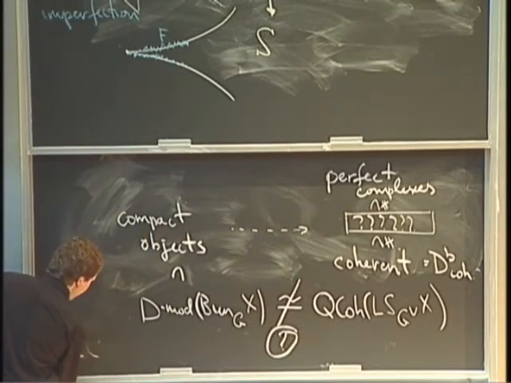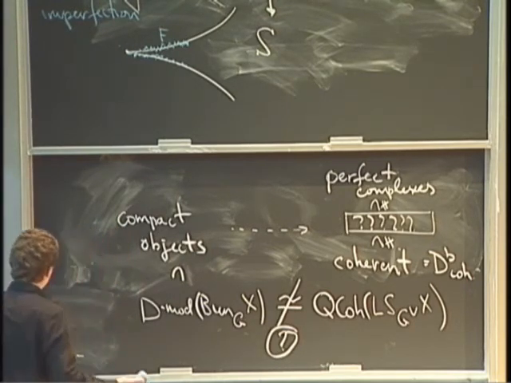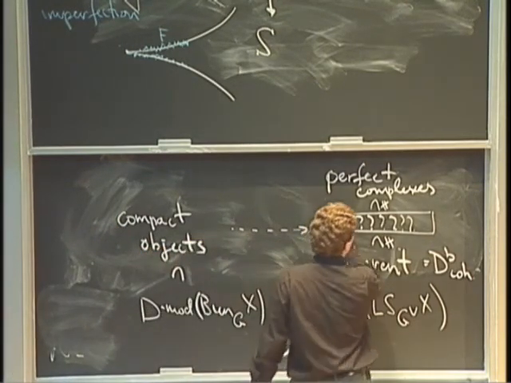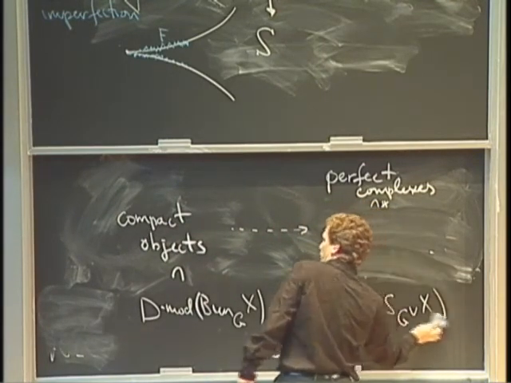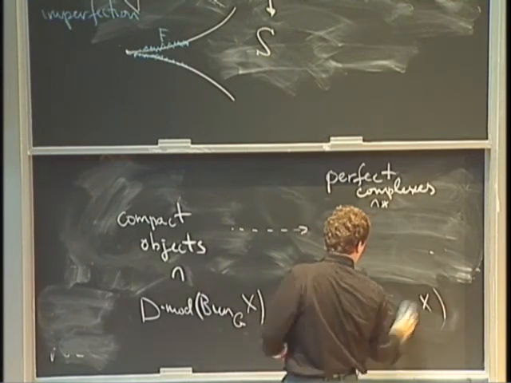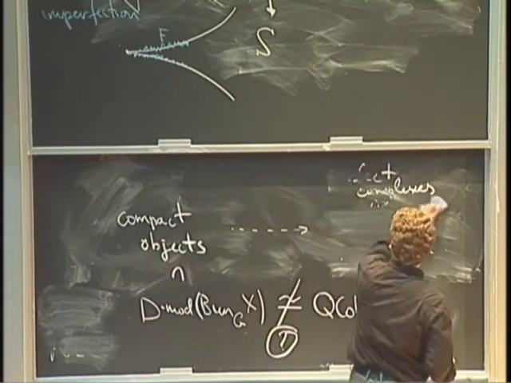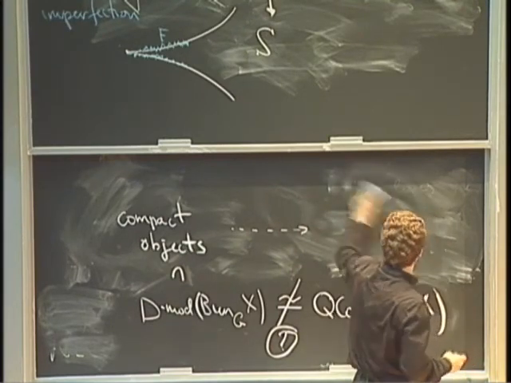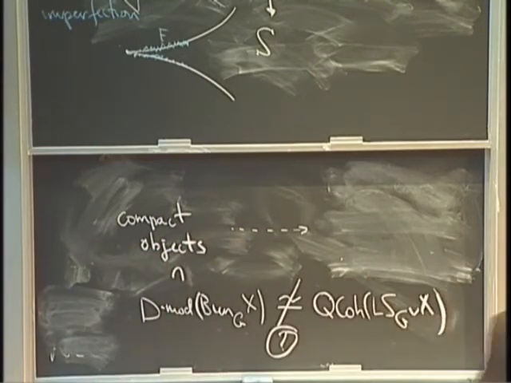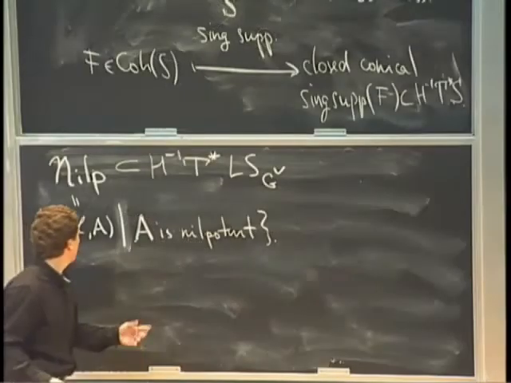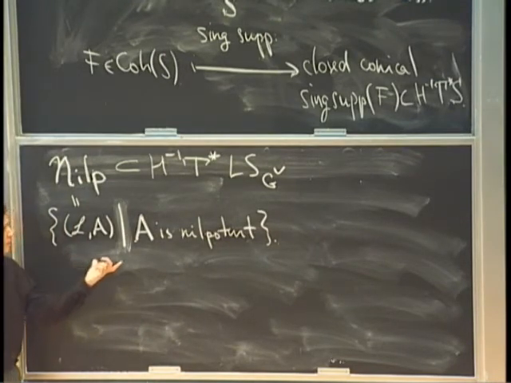So this corrected, or less naive, sophisticated version of the geometric Langlands conjecture is that, let me actually leave the naive version here, compact D-modules should correspond exactly to coherent sheaves on the stack of local systems whose singular support is restricted.